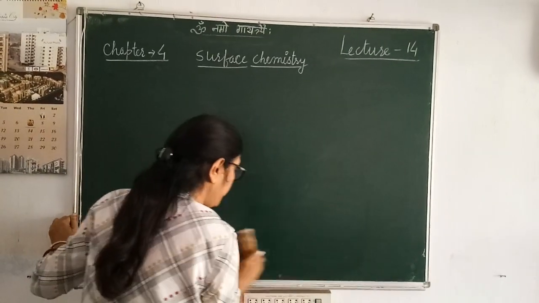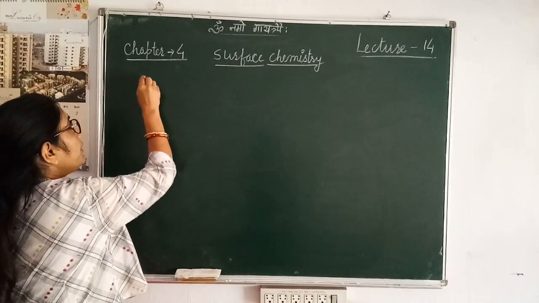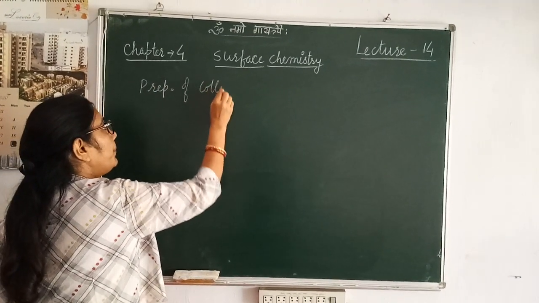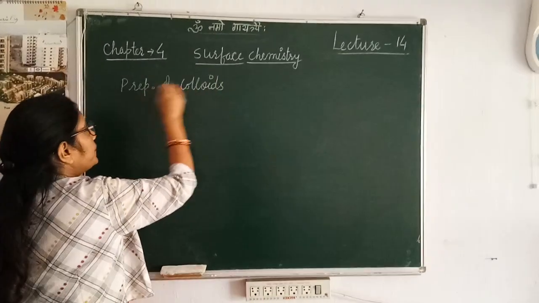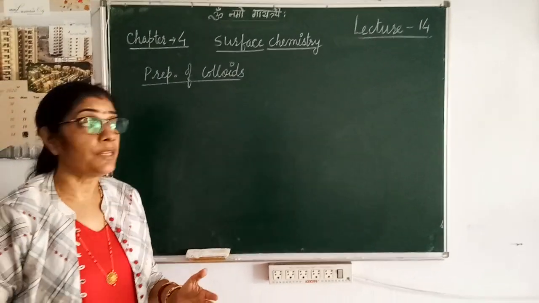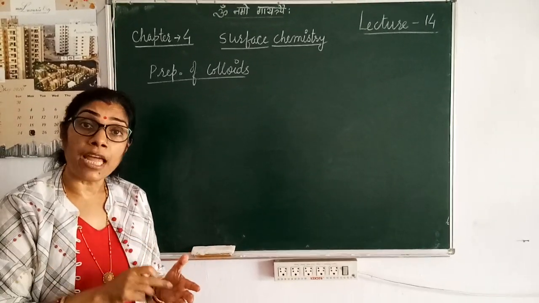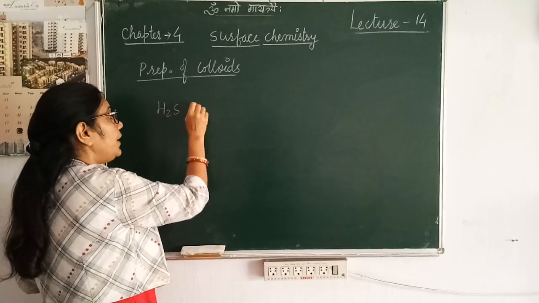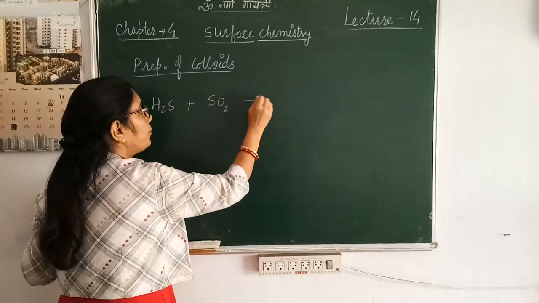Now next, we are going to start with the preparation of colloids. How do we prepare colloids? There are so many methods. Some of the chemical methods are oxidation, reduction, double decomposition. As for example, H2S plus SO2.